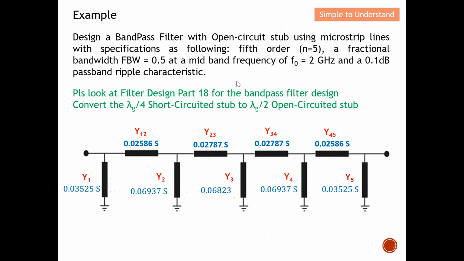If you need to know how to design using short circuit stub, I strongly suggest you look at the part 18 series discussion on filter design. I will also put the video link under the description so you can use it as reference. You need to look at part 18 first before you come into this part 19.